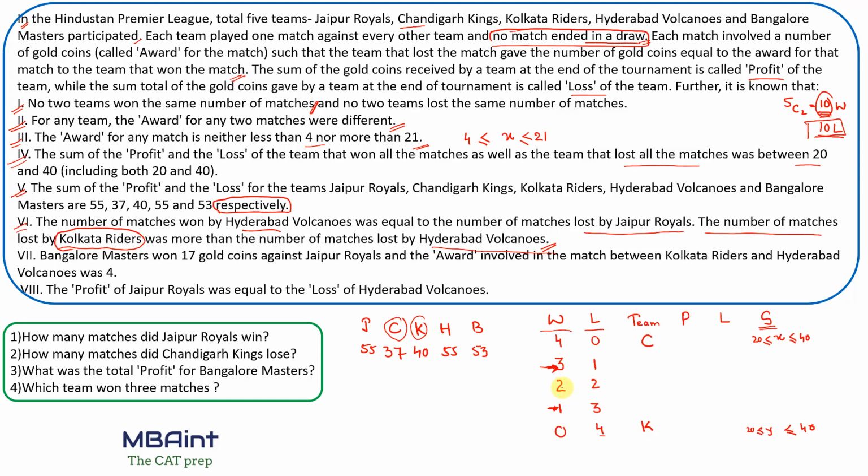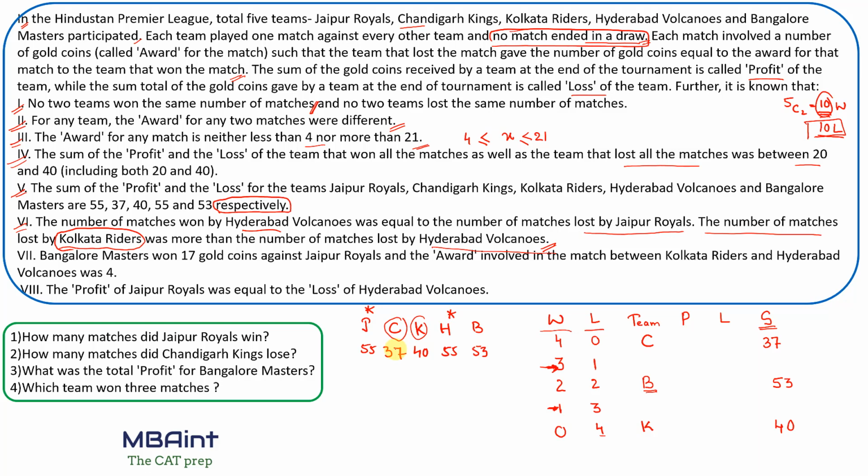So this makes it very clear that this 2-2 is Bangalore, that is for sure, right? Now we know the point with Bangalore. The total point with Bangalore is 53. In fact, we can write the points over here. So for Kolkata, the total point is 40, and for Chennai, the total points is 37. That's it. Now we are left with Hyderabad and Jaipur, and both are with 55 points.